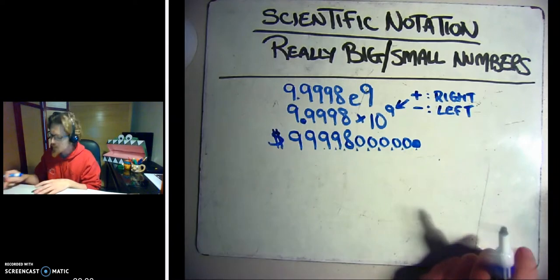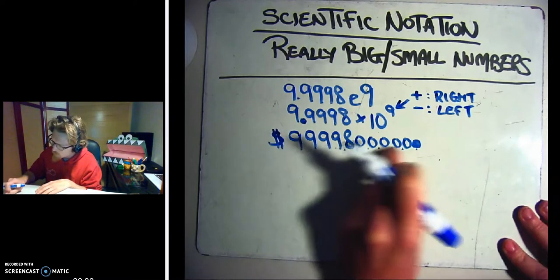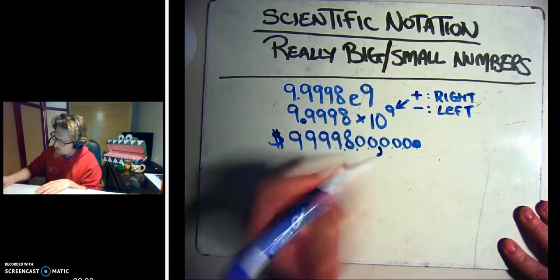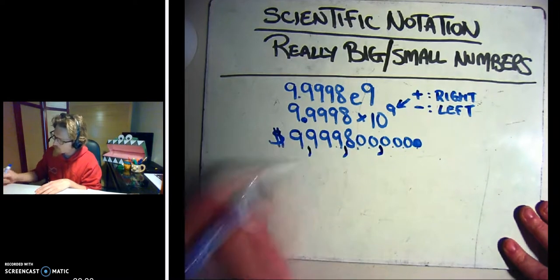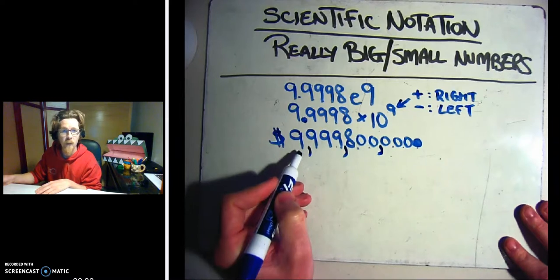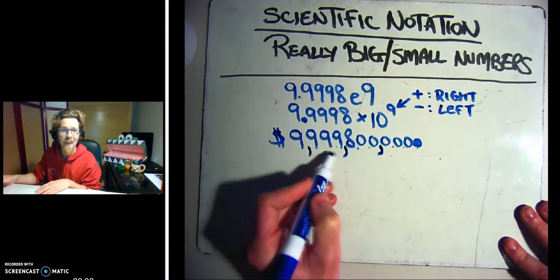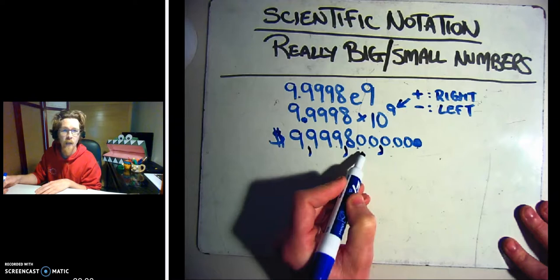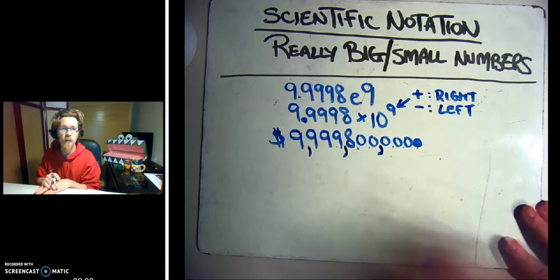Now seeing this is kind of tough, so maybe we'll throw some of those commas to separate the places. And so if I throw commas in here, this represents $9,999,800,000.